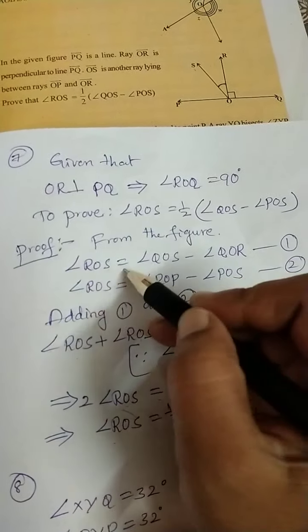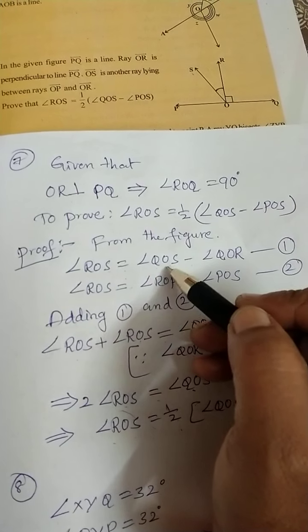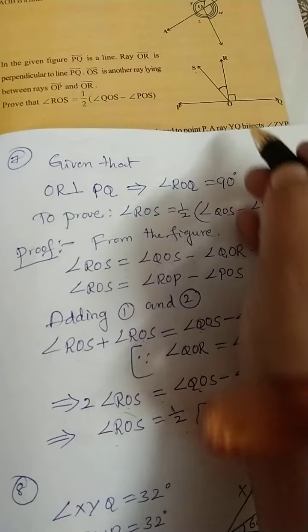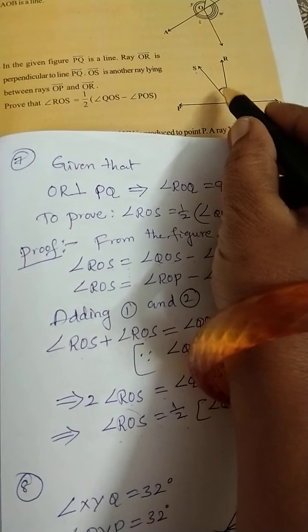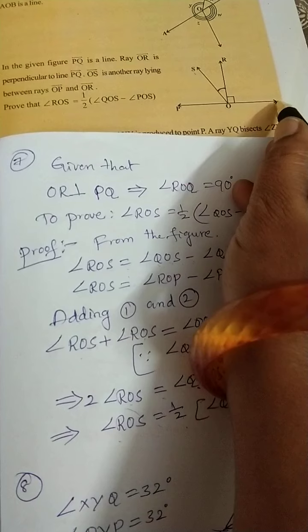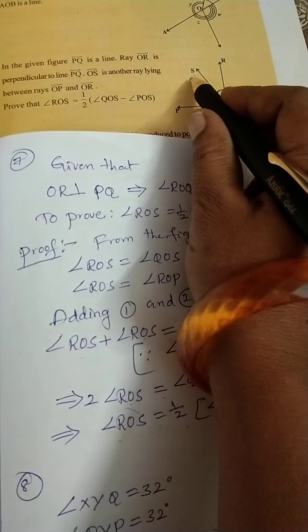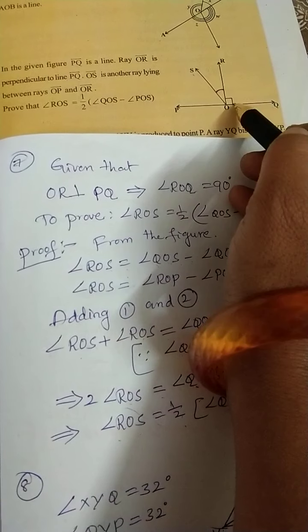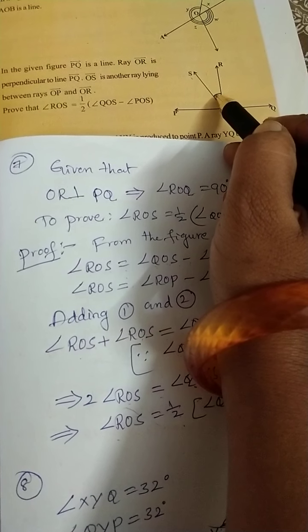See, angle ROS is equal to angle QOS minus angle QOR. From the total angle QOS we should subtract QOR, and if you subtract this angle you will get this angle.